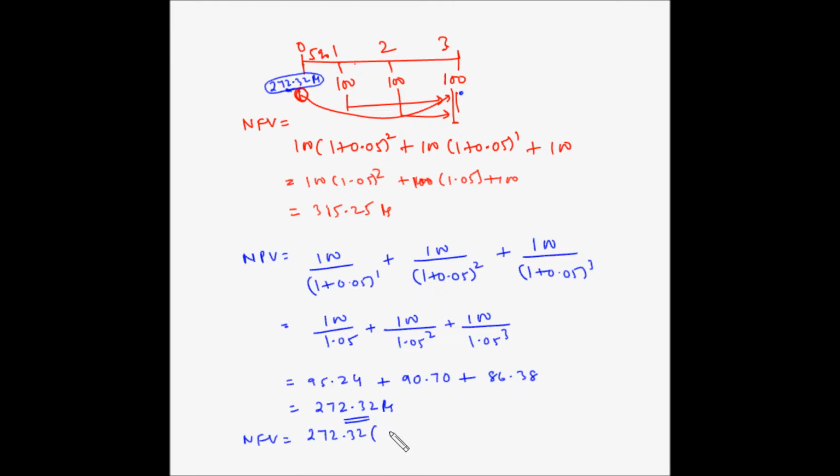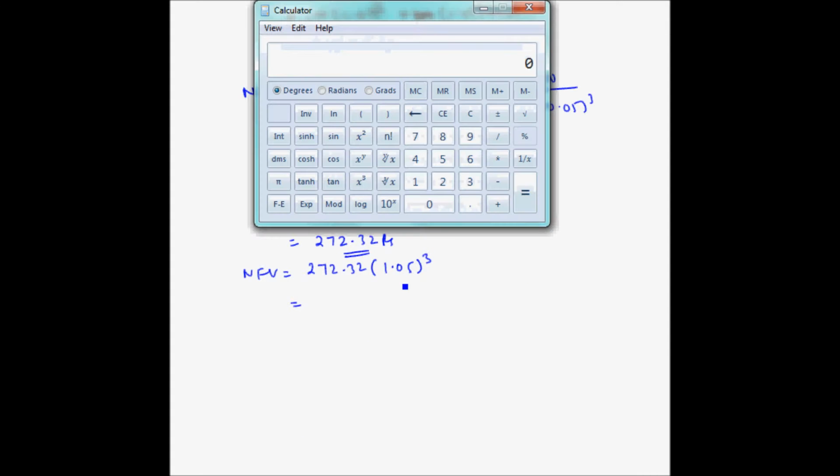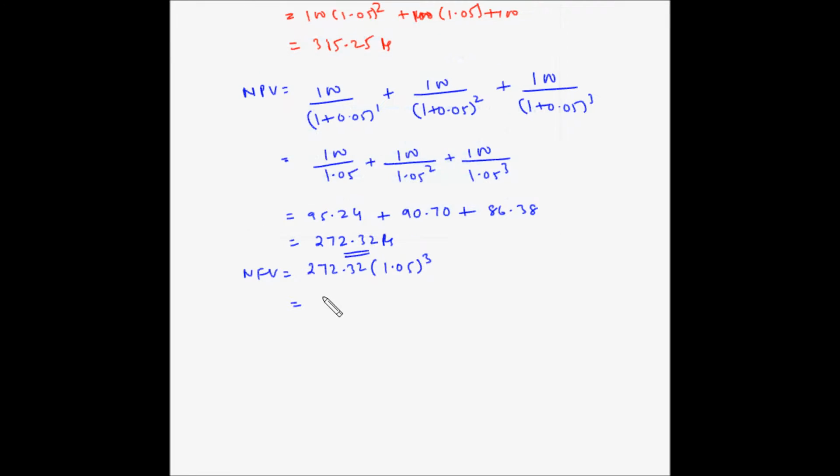So now the net future value is equal to 272.32 into bracket 1 plus I, so 1 plus 0.05, which is 1.05 to the power n. N is the tenure, so 1, 2, 3. So this is being compounded for 3 years. So 1.05 cube into 272.32 is 315.24 rupees.